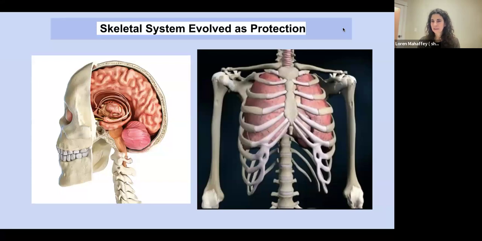And this harder tissue of bone can receive and absorb a limited amount of force without deformation, without changing its rigidity and its support.